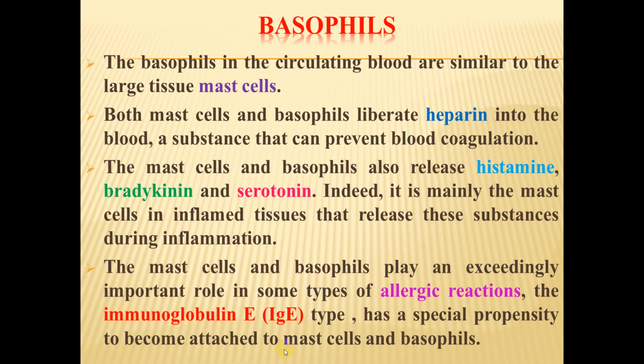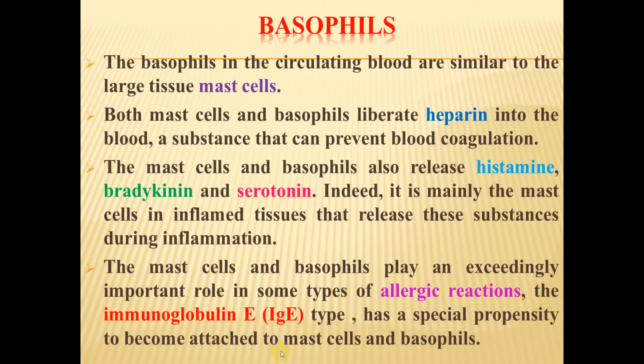احنا قلنا لها دور بالallergic reaction من خلال immunoglobulin E, IgE type. Formation of this type of immunoglobulin has special propensity to become attached to the mast cell and basophils.